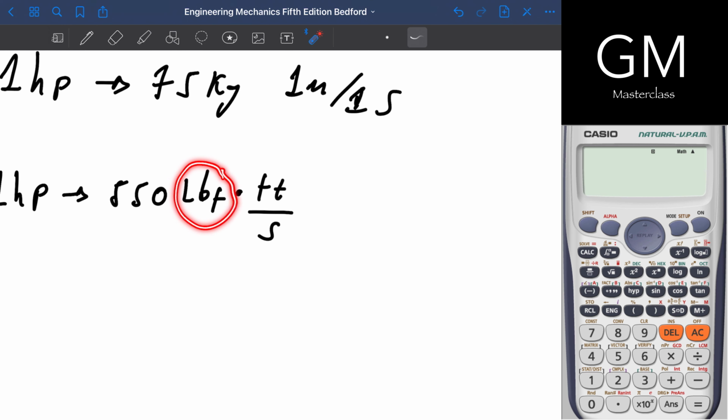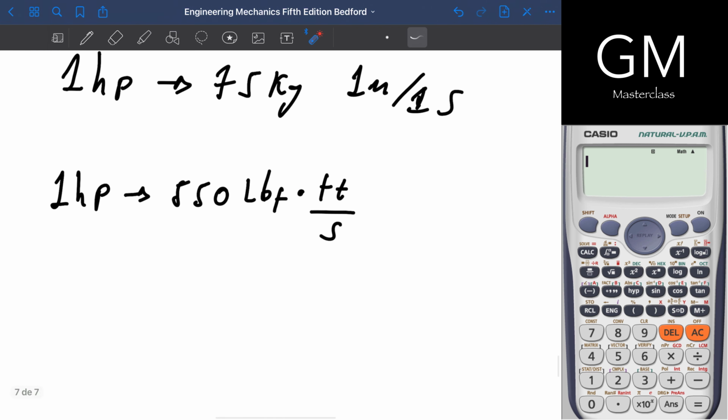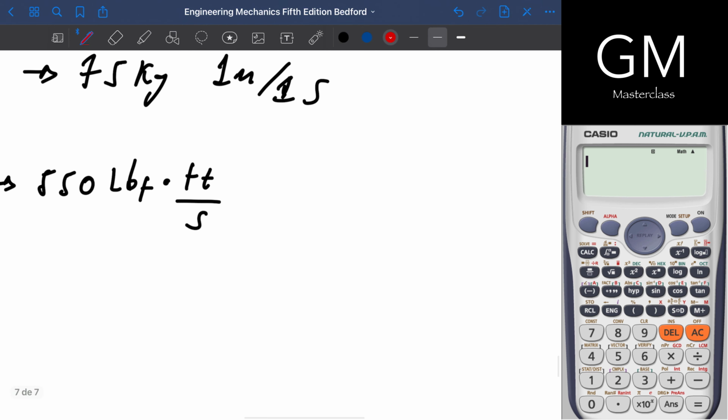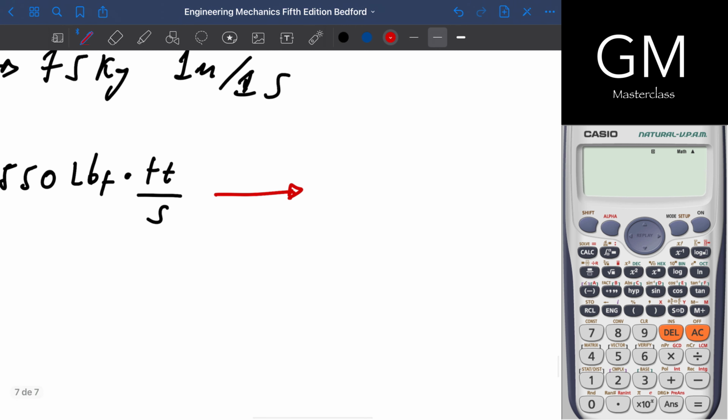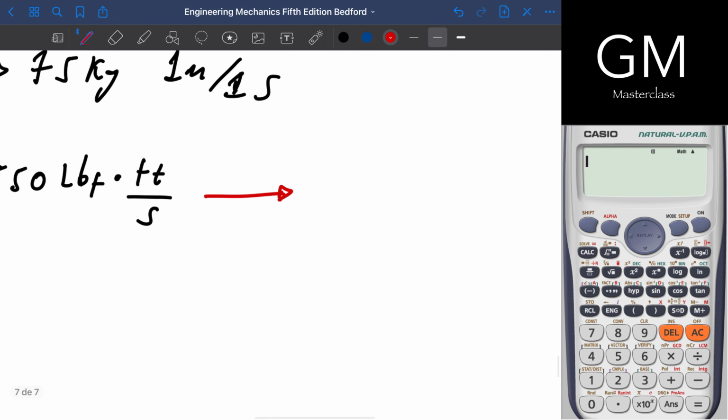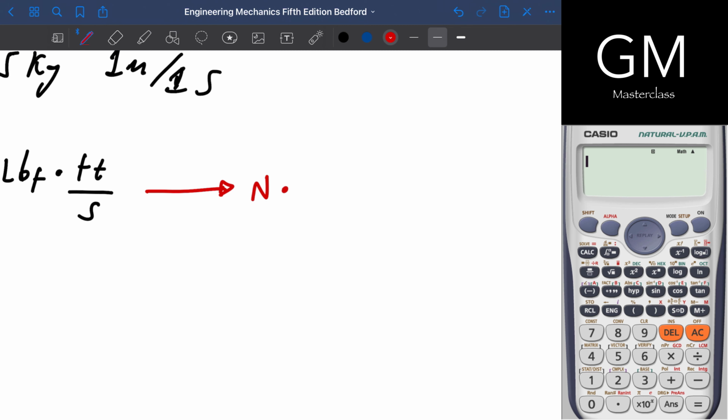I'm talking about a force multiplied by a velocity. Okay, now that I've made that clear, I have to transform this value into international system units. So a force in international system units is newtons, and a velocity is meters per second.